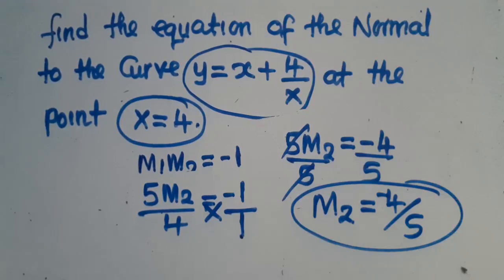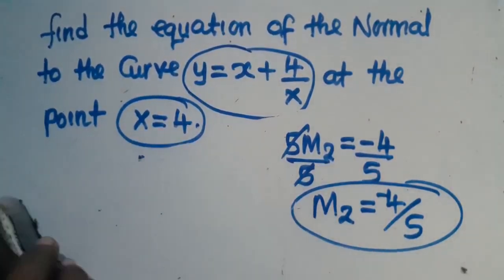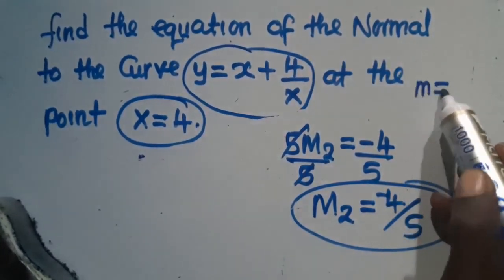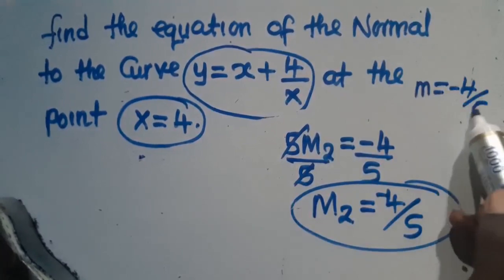With this gradient, what are you supposed to do next? You find the other coordinate. The gradient that I'm going to use is negative 4 over 5.